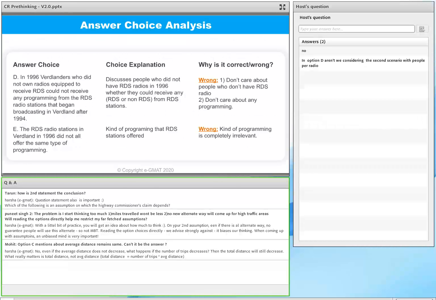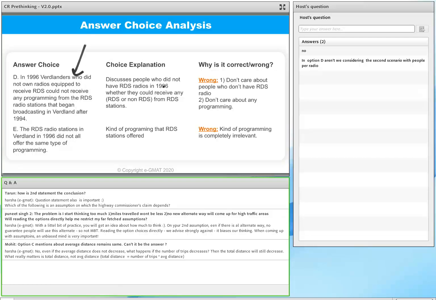In option D, aren't we considering the second scenario with people per radio? No. What does choice D say? Here is choice D. In 1996, people who did not own radios equipped to receive RDS could not receive any programming. Any programming doesn't mean they're sharing. That means it's non-RDS programming, right? What does any programming mean?